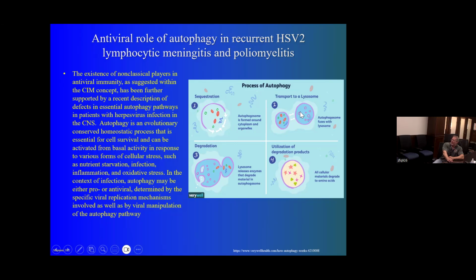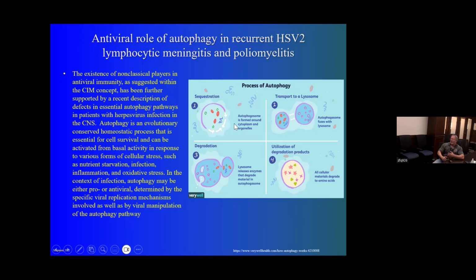It's going to then be fused with a lysosome, which is going to involve this being degraded and broken down. And then all of these components that were broken down are going to be recycled to be used for other cells. Maybe the proteins are broken down to amino acids. The carbohydrates are going to be broken down into simple sugars. And all these things can then be reused.